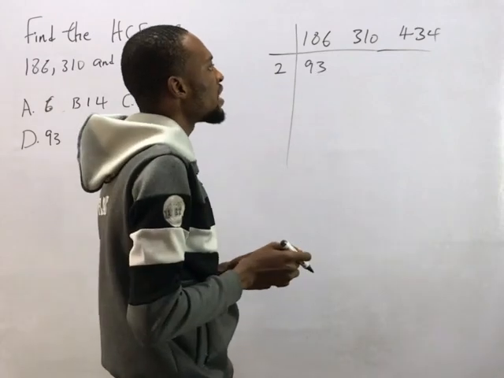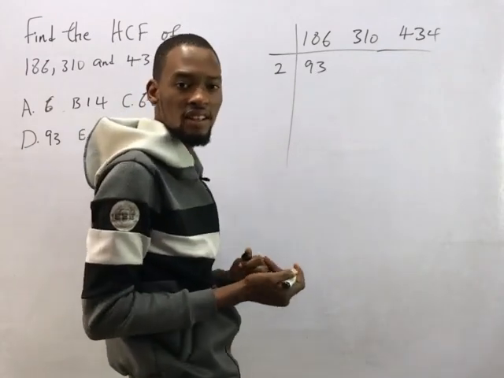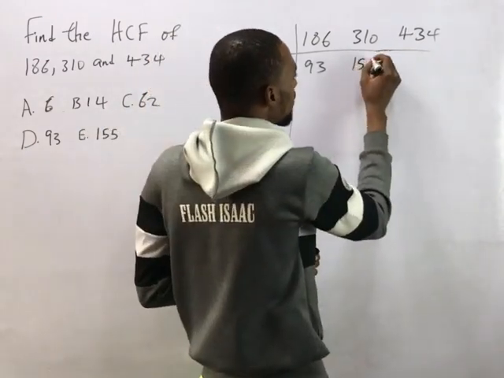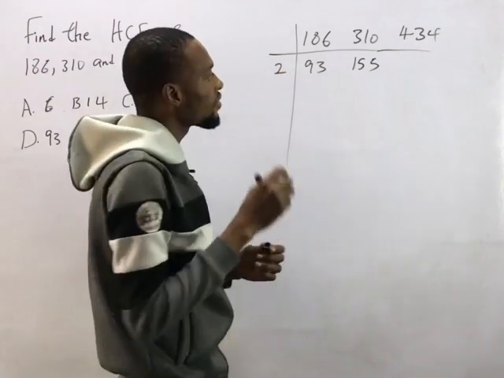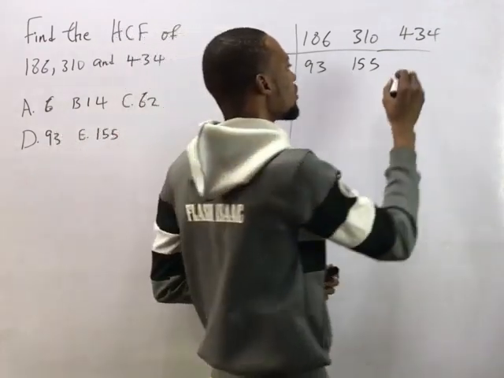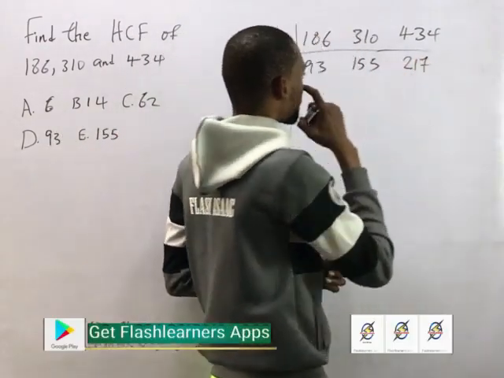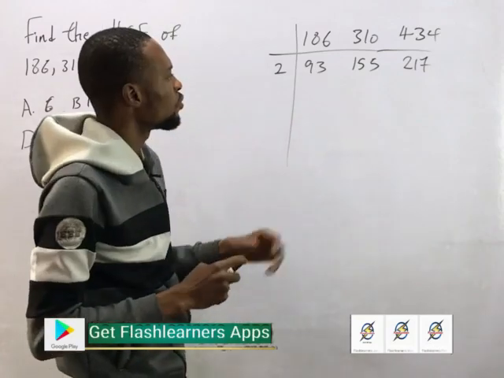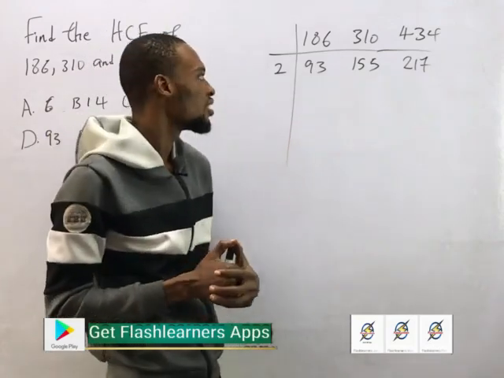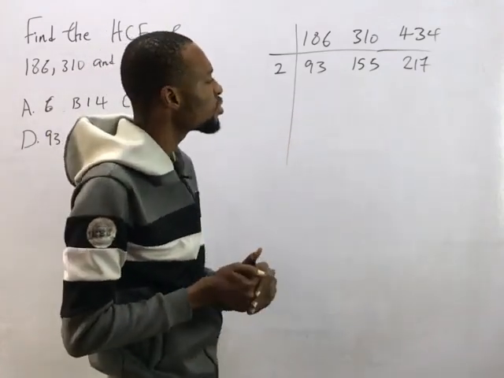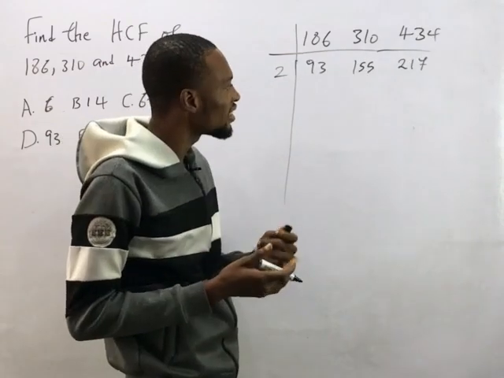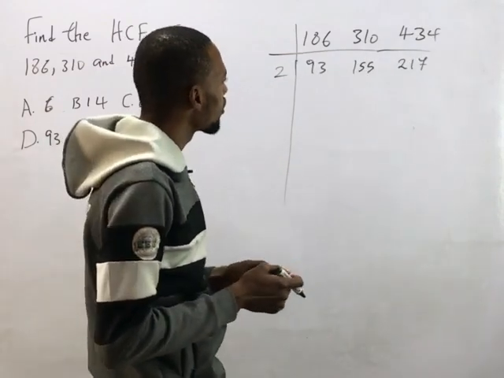3110 divided by 2 should give you 155, right? So this will give you 155. And 434 divided by 2 would give you 217. Now, we check what number we can try. 3 won't go, 4 won't go. Let's try the next number that can go.